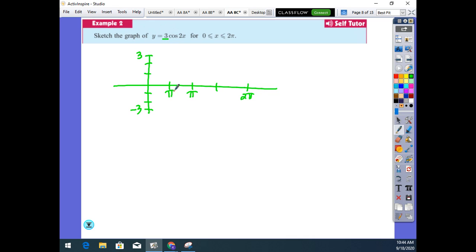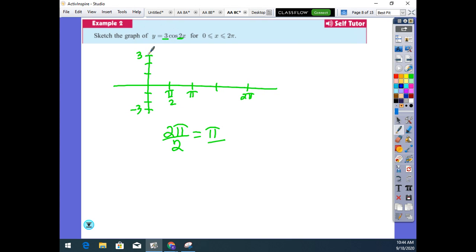Label your axes. And typically, we're going to need now 2 cycles in 2 pi. So that means our new period is pi. I will complete 1 cycle within pi.